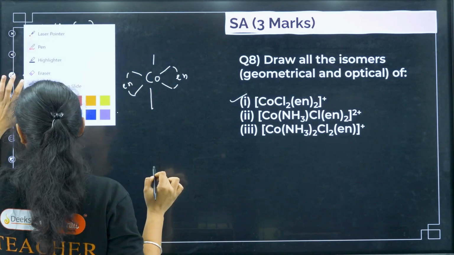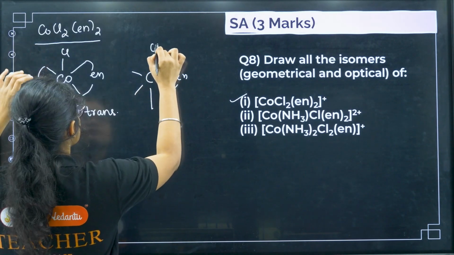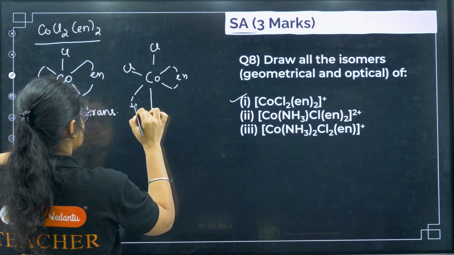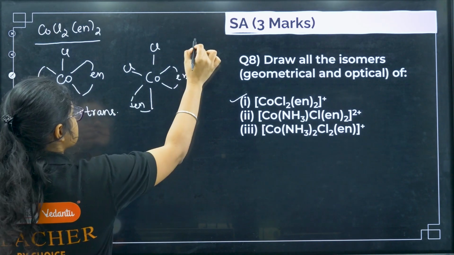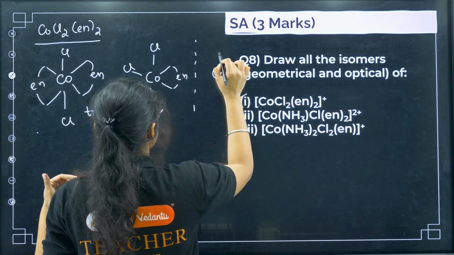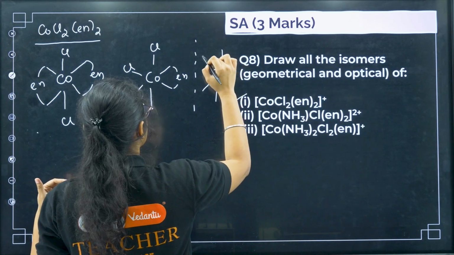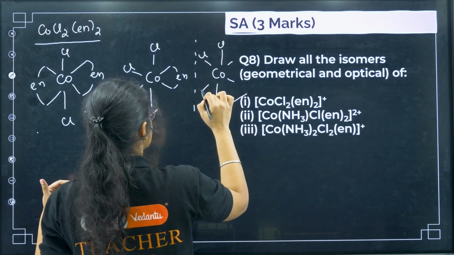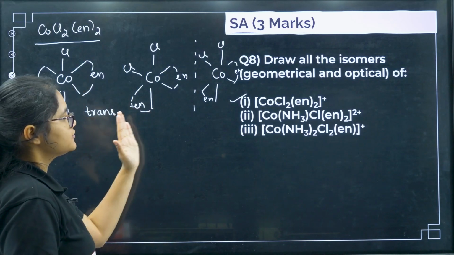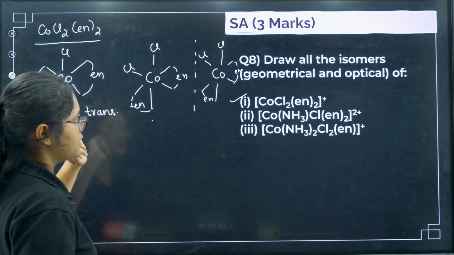Oh, this is again trans I am doing, sorry. So here this is the cis form, and here I can draw the mirror image of this one. So I'll get Cl, Cl, here it is en, and here it is en. So this is the trans form, a cis form and its optical isomer.